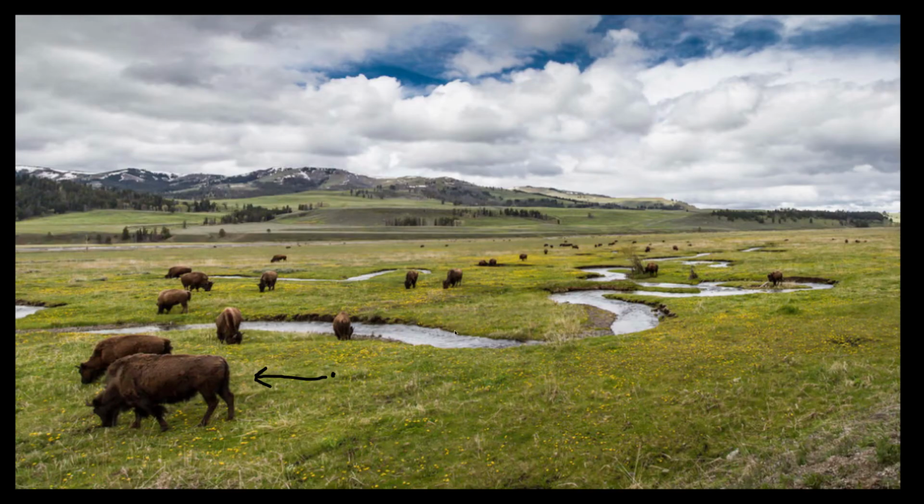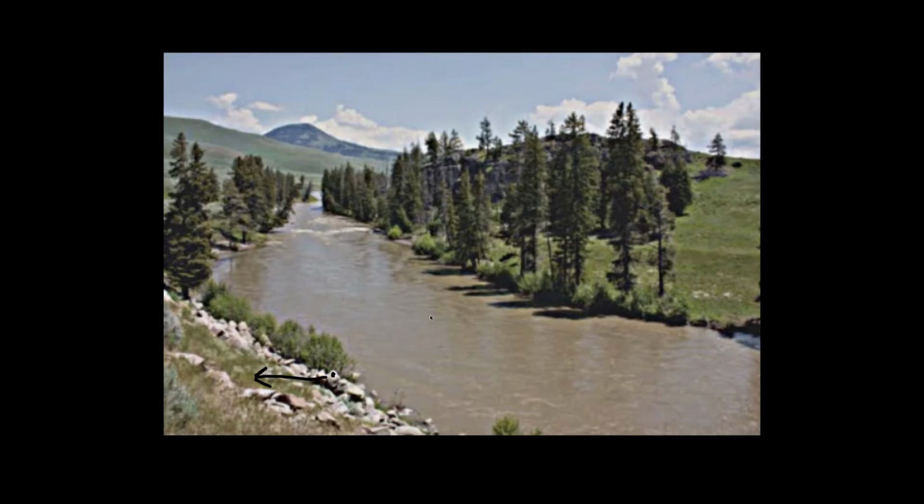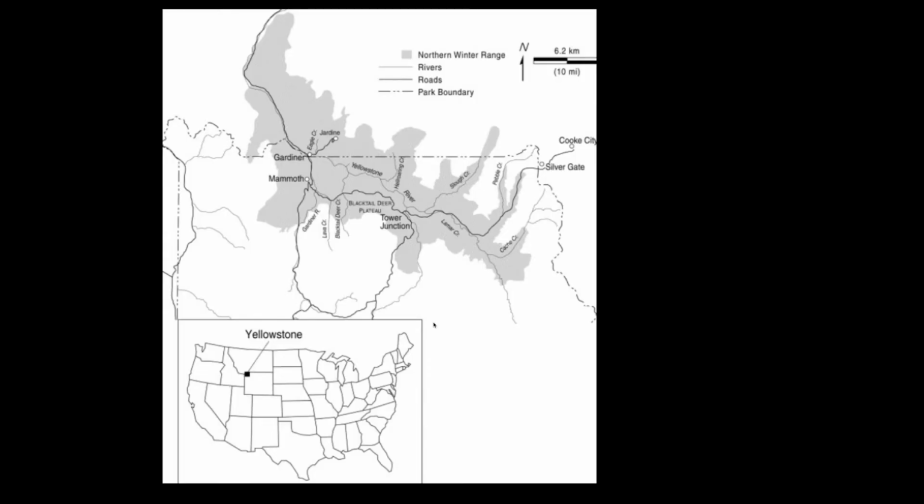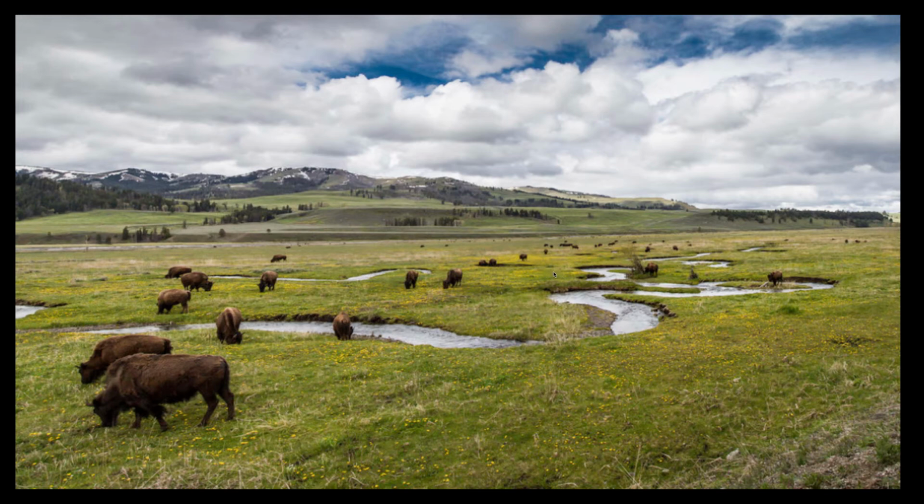And in Yellowstone Park, you've got this whole beautiful valley. And it's really quite pretty. You have meandering streams that come through here, and you see all kinds of primary consumers out there eating the grasses and so on.